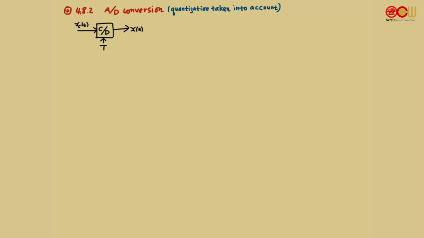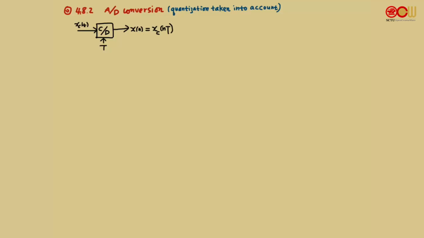Another important issue in sampling is the issue of quantization. What is quantization? In our previous discussion of C2D, we take samples of xc(t), and x[n] is equal to xc(nT).